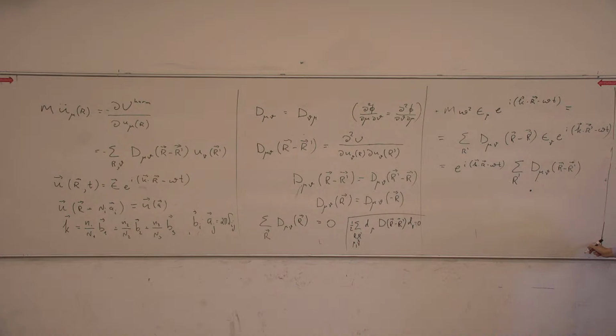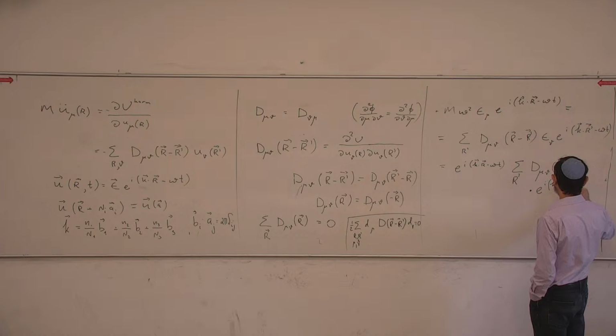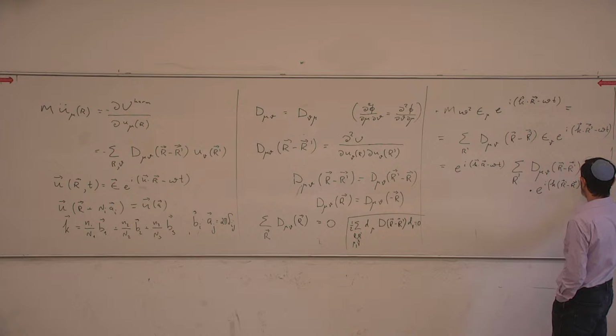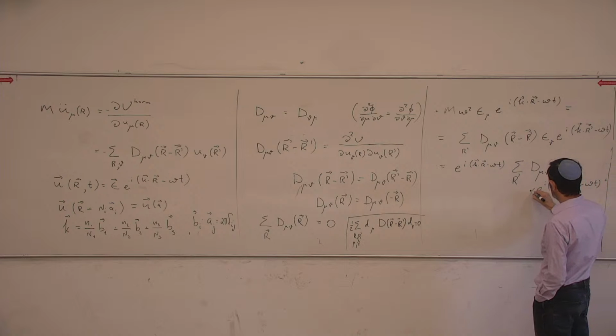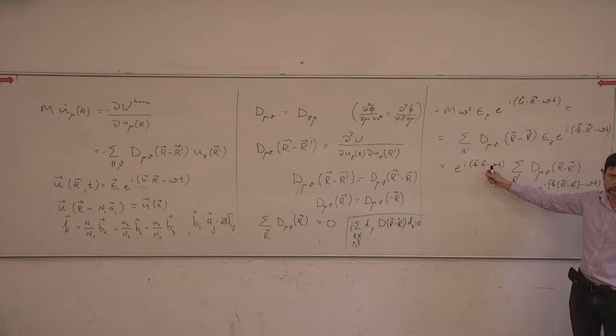Just continuing here because the blackboard is terminated. So what did I do here? I just pulled out e to the i minus omega t, which I'm allowed.